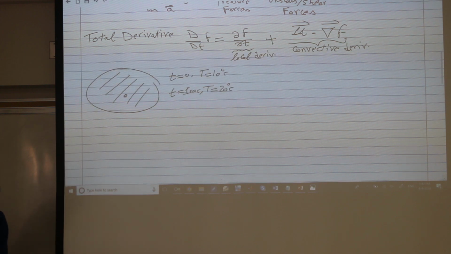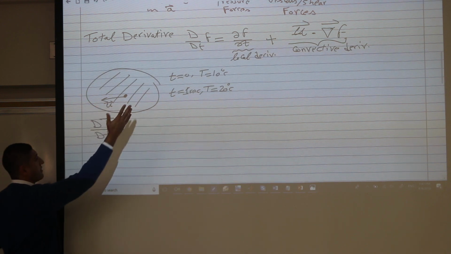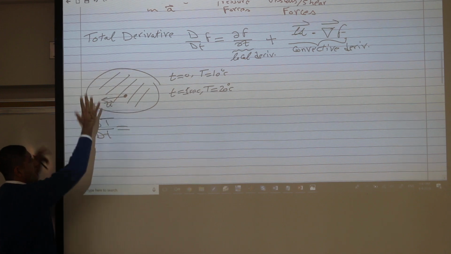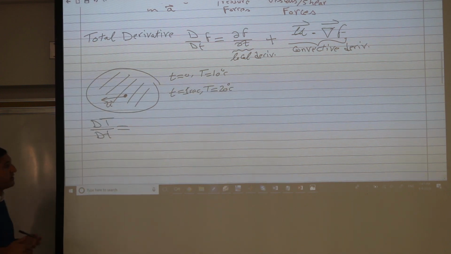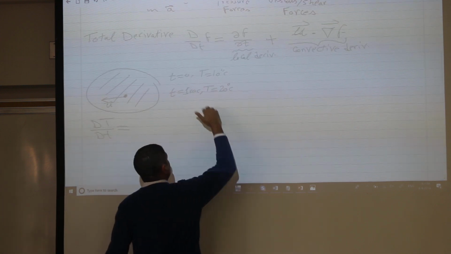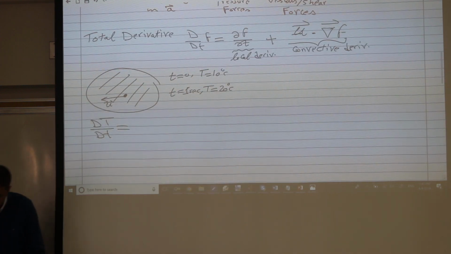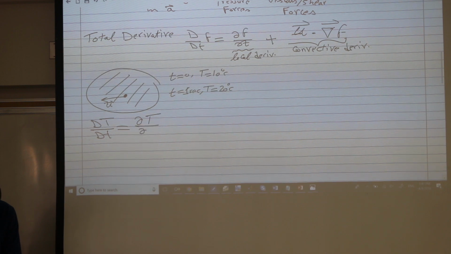If you have a particle that is traveling, I need to know the change of its temperature with time. While traveling, nothing changes because the temperature is the same everywhere, so this motion doesn't affect anything. But the temperature itself varies with time, so you just take the derivative with time: partial temperature, partial time, which we can approximate by maybe 20 minus 10 over 1 minus 0.